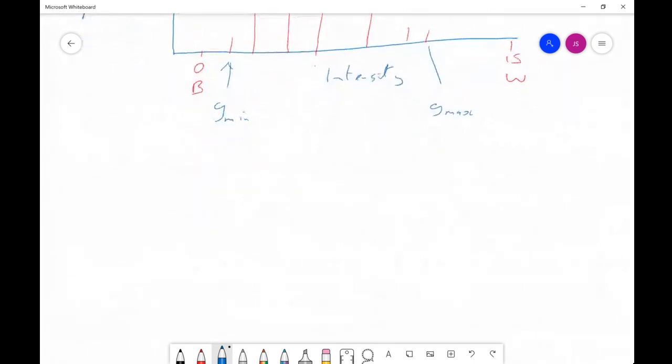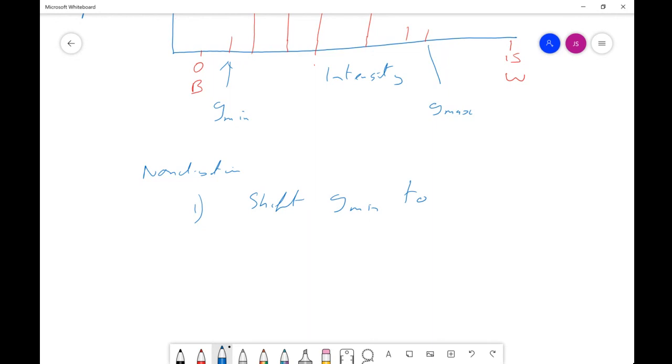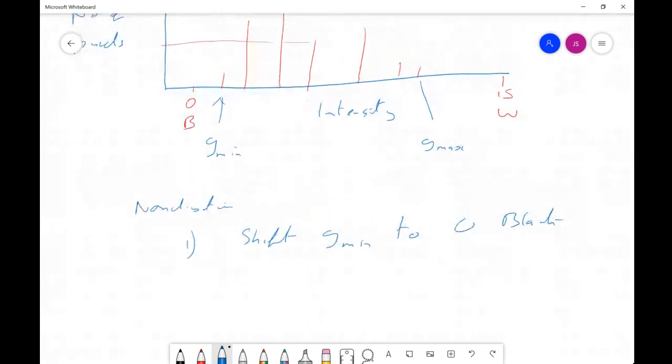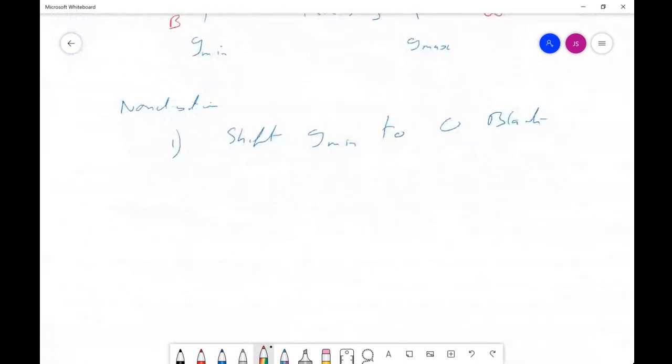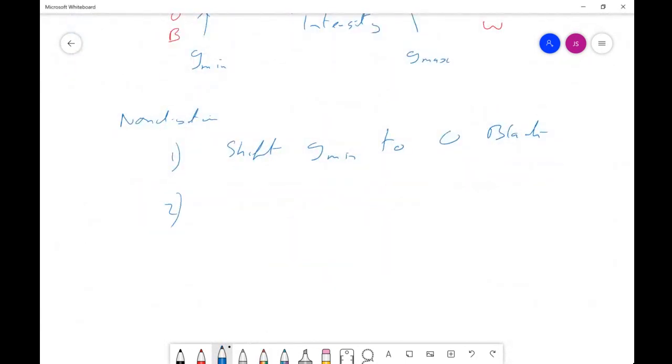And in image normalization, 1, shift Gmin to 0, black. What this means is we're simply shifting the histogram down so that this entry is at 0 and all the rest are shifted proportionally. Second step, multiply.